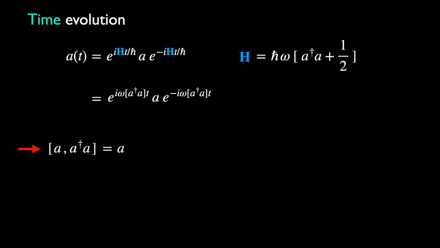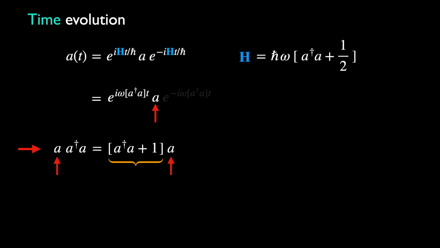This tells us what happens when we switch the ordering of the two operators. Moving A from the left of the number operator to its right just increases it by 1. The same thing happens when we move A past the time evolution operator.